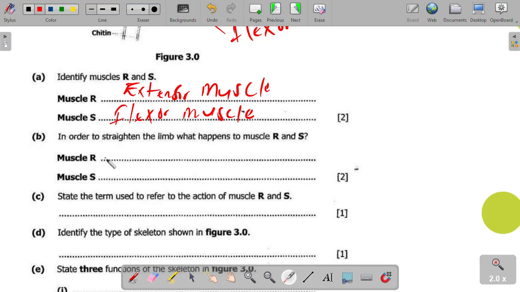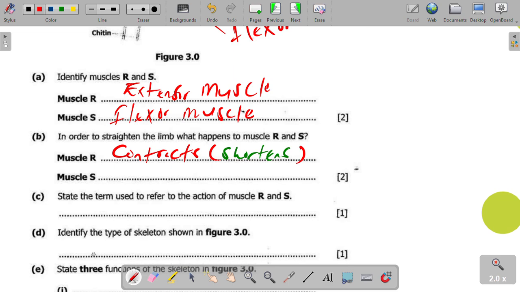What happens? So muscle R, write that down. Muscle R contracts. In other words, you can say it shortens.